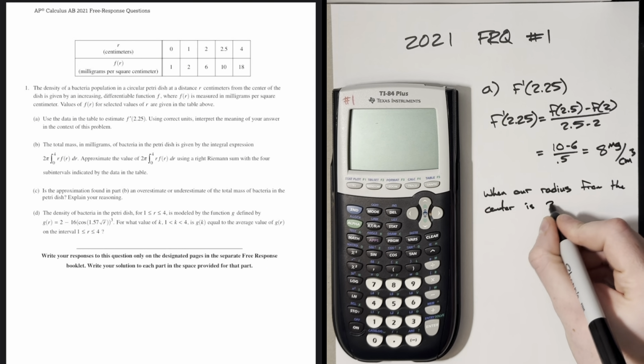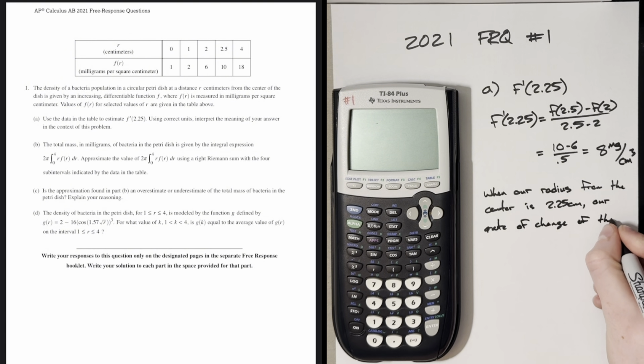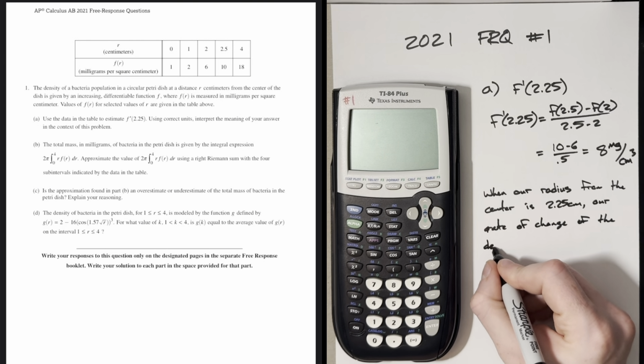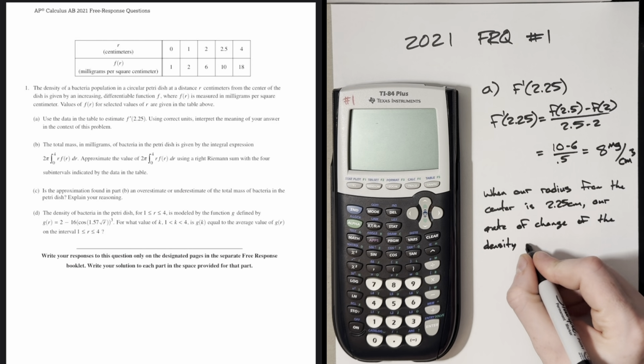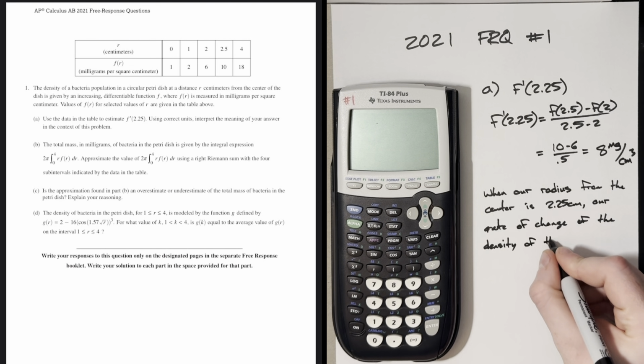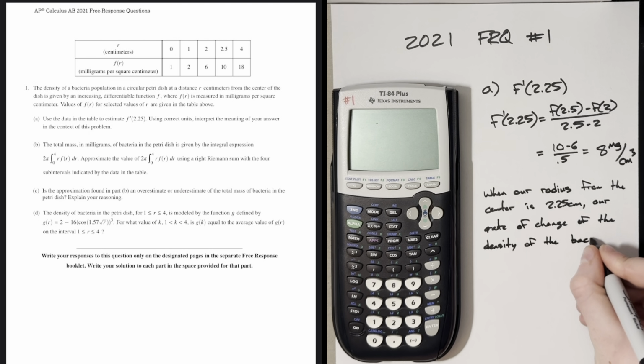So our rate of change of the density of the bacteria is 8 milligrams per centimeter cubed.